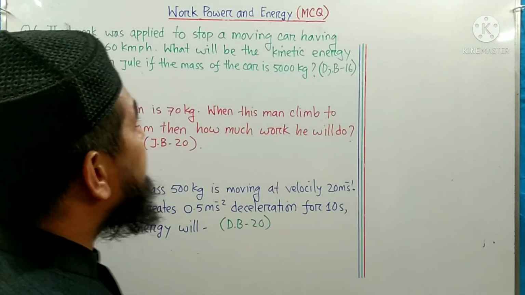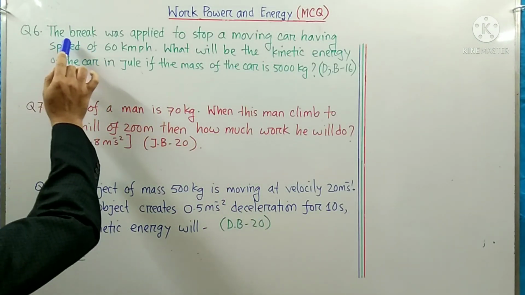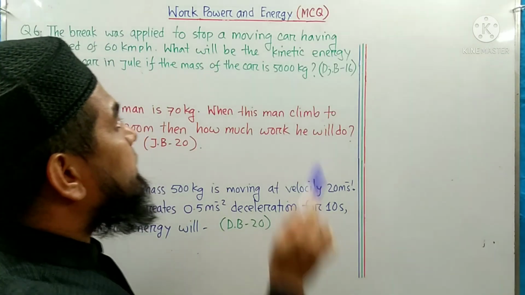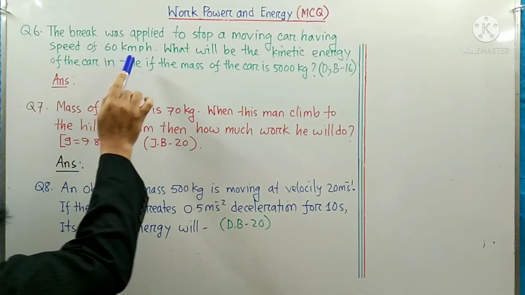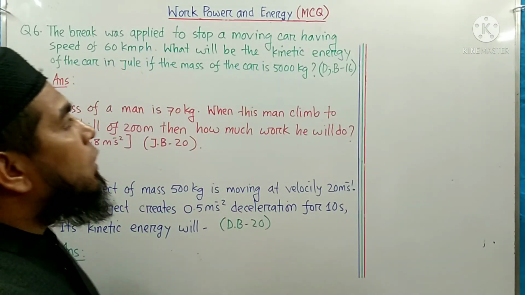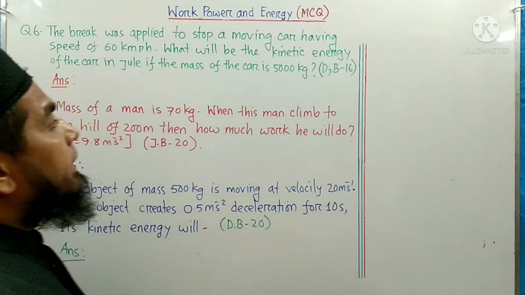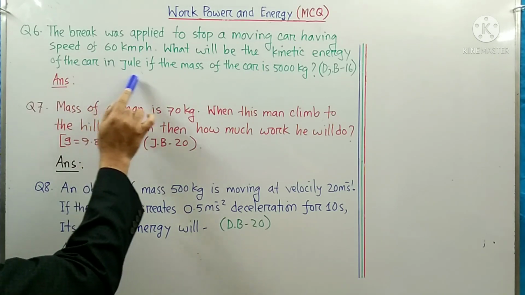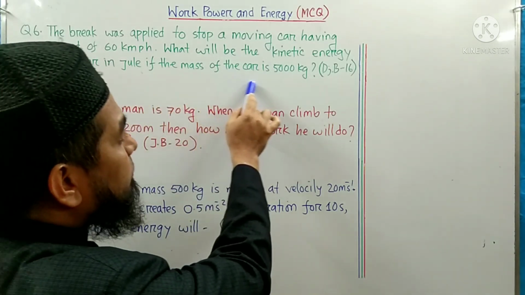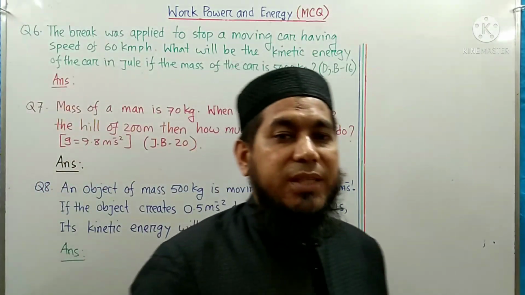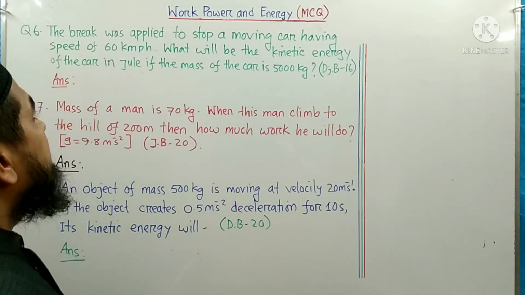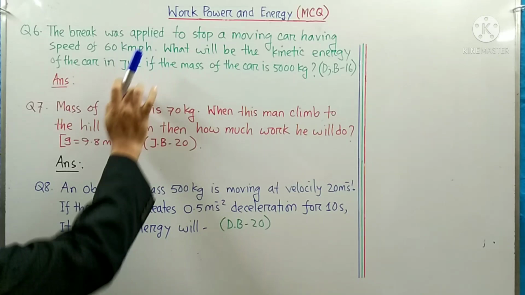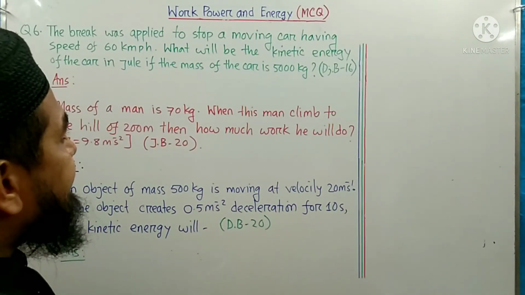Dear students, next question. The brake was applied to stop a moving car having speed of 60 km per hour. What will be the kinetic energy of the car in joule if the mass of the car is 5000 kg? Here we have to find out the kinetic energy.